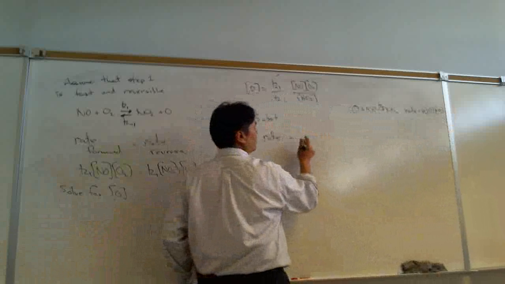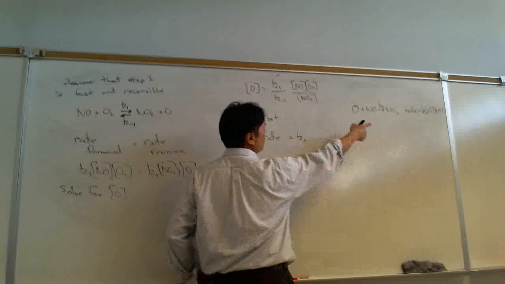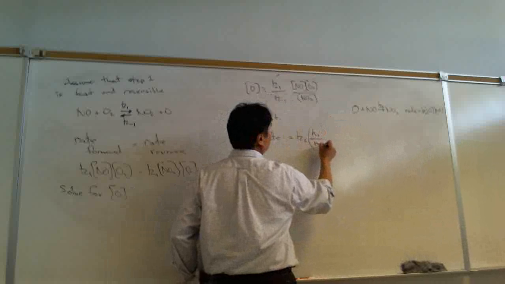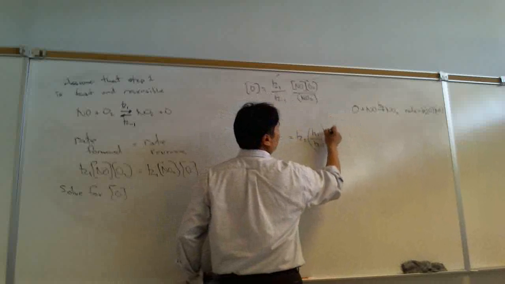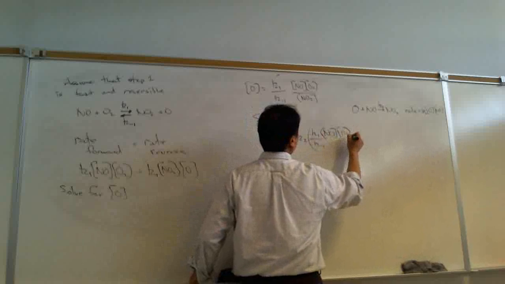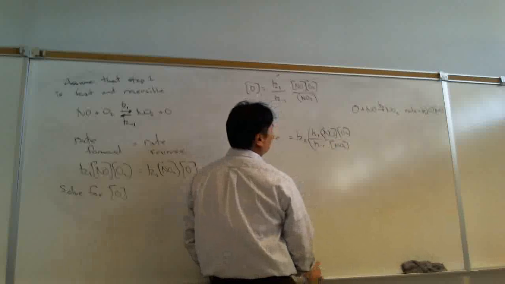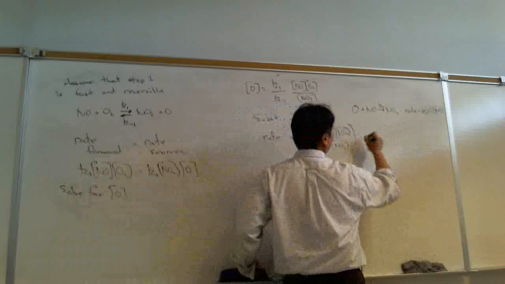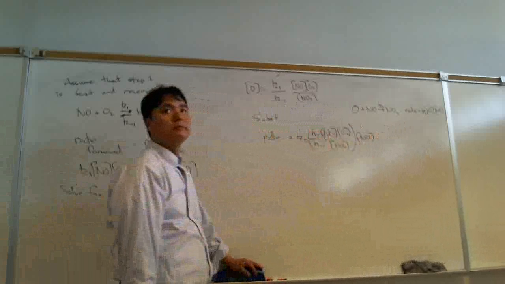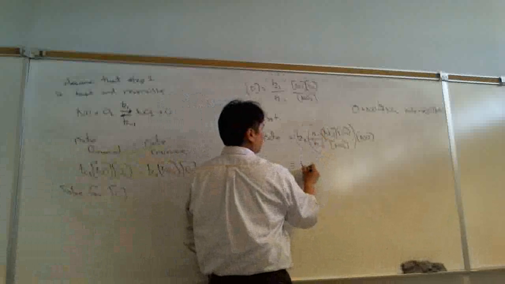And so the rate is going to equal K2. Now substituting this for O, I'm going to get K1 over K minus 1 NO O2 divided by the NO2 times the NO. And so what I'll do is I'll combine these constants and call it K prime.